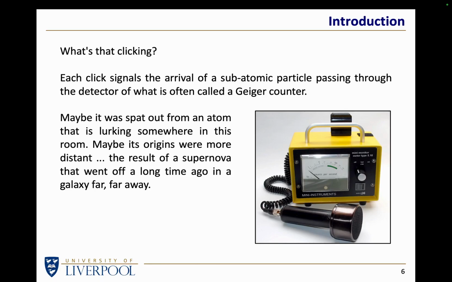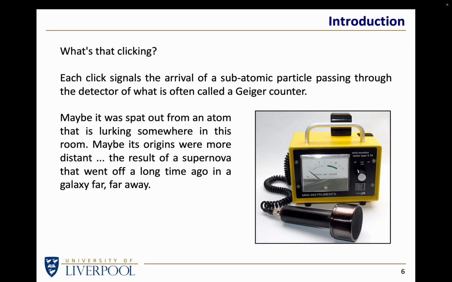So we're listening to lots of clicks, or at least a few clicks per second. What are the clicks? They're the arrival of some particle. Where did the particle come from? Well, maybe it was spat out of an atom lurking somewhere in this room. There are some atoms in this room that are radioactive and are producing things which could produce a click in the Geiger counter.